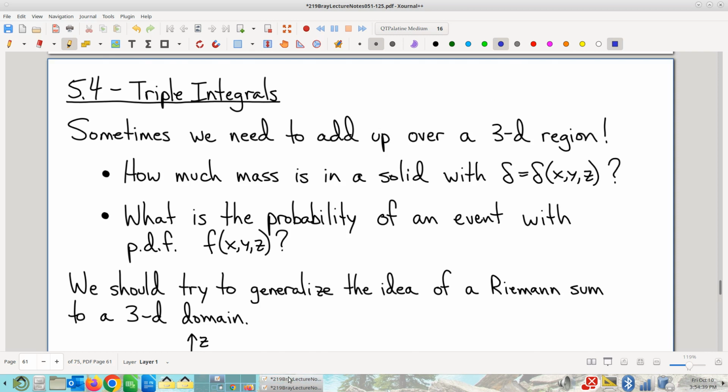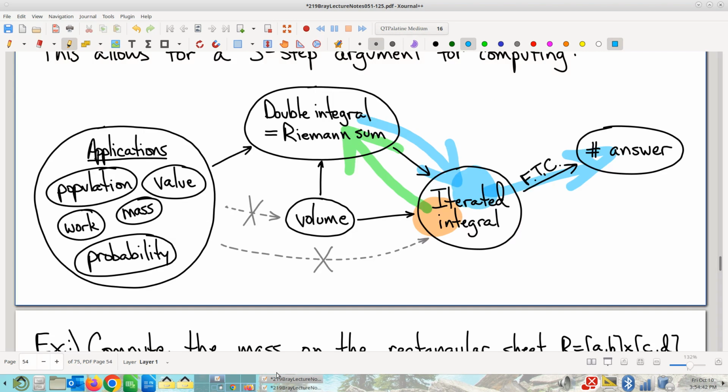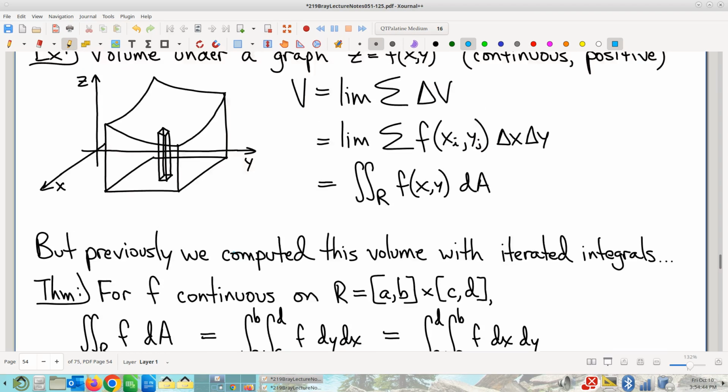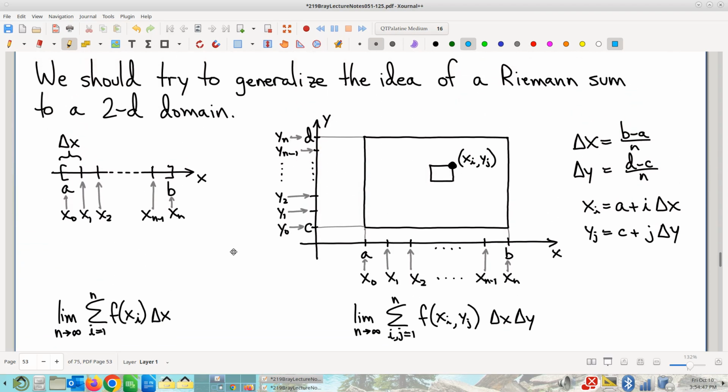Let me go back to here. Recall that where single variable integrals come from is that sometimes we have a one-dimensional domain. On said one-dimensional domains, if I chop it up into pieces and look at one little piece at a time, depending on what the application is, I might be able to write the answer for each little piece as something times length.